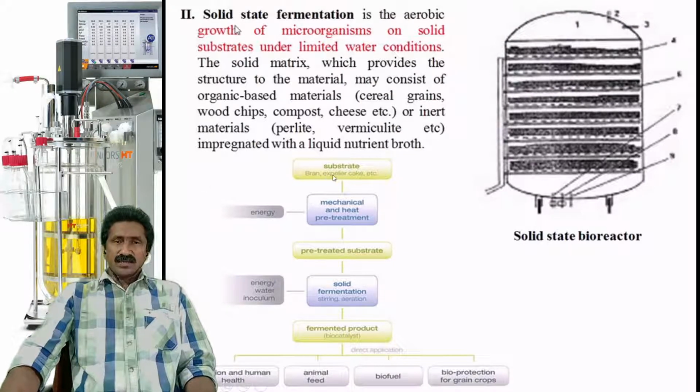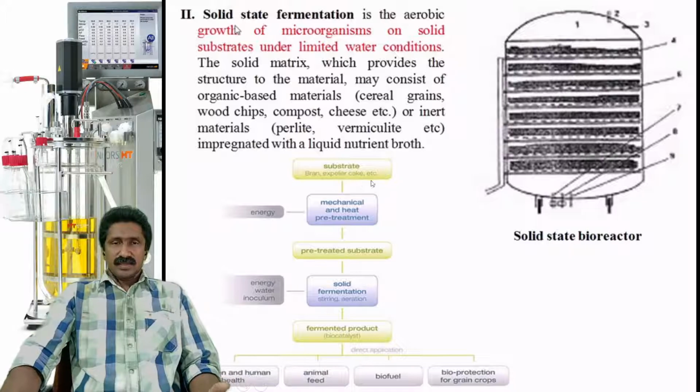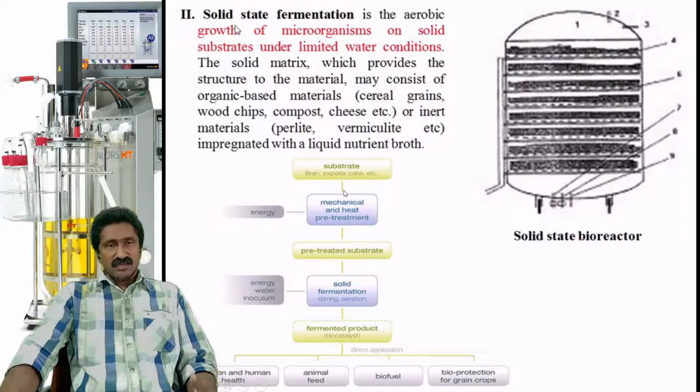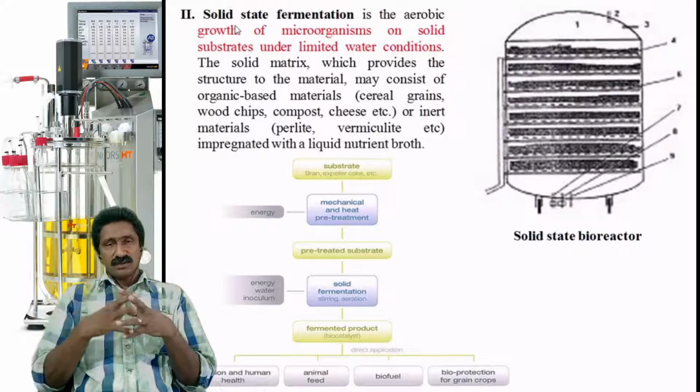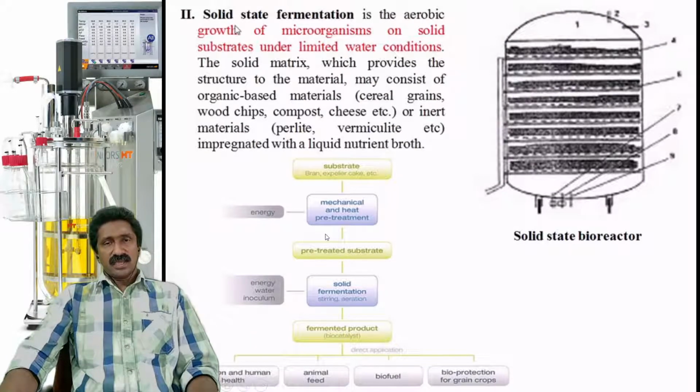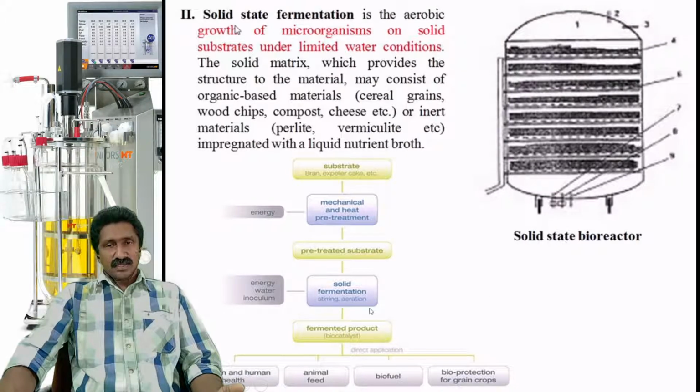So here is a flowchart that shows the production of such products in a solid state bioreactor. Basically, we have a substrate which may be a bran or some cakes, etc., that can be used as a substrate, which needs some mechanical treatment like a pre-treatment with heat, etc. And such treatment requires energy, and the pre-treated substrate is then used in the reactor.